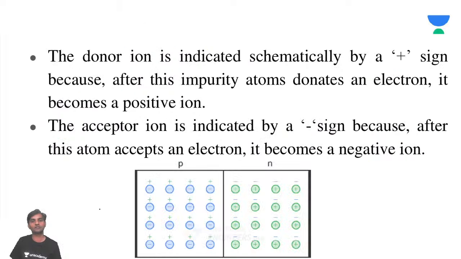Okay, next. The donor ion is indicated schematically by a positive sign, because after the impurity atom donates an electron, it becomes a positive ion.